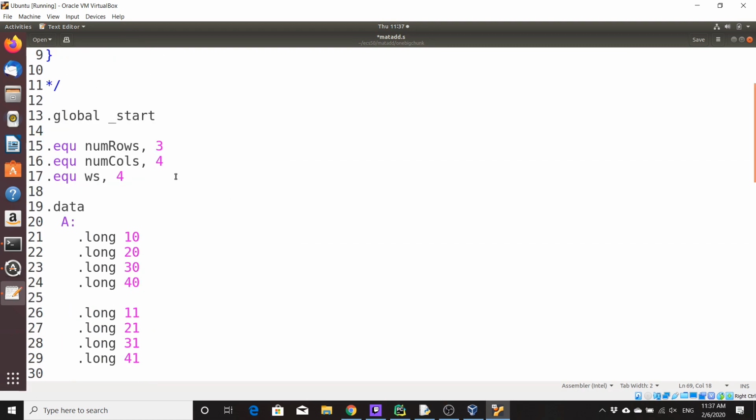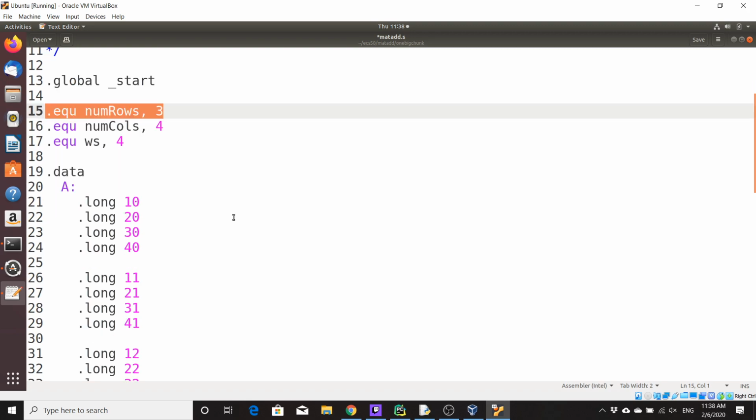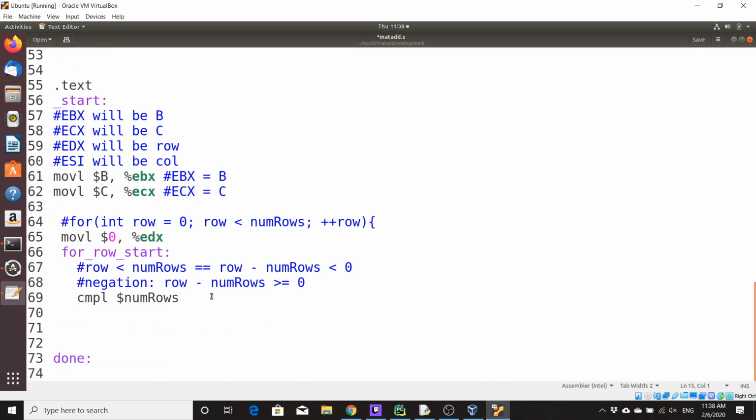Again, if we look back up here, num rows, it's an EQU. Num rows is just 3. So $3 to get the constant. And then on the right-hand side, we're going to have our row, which we said row is going to be EDX. Okay, that was the subtraction.